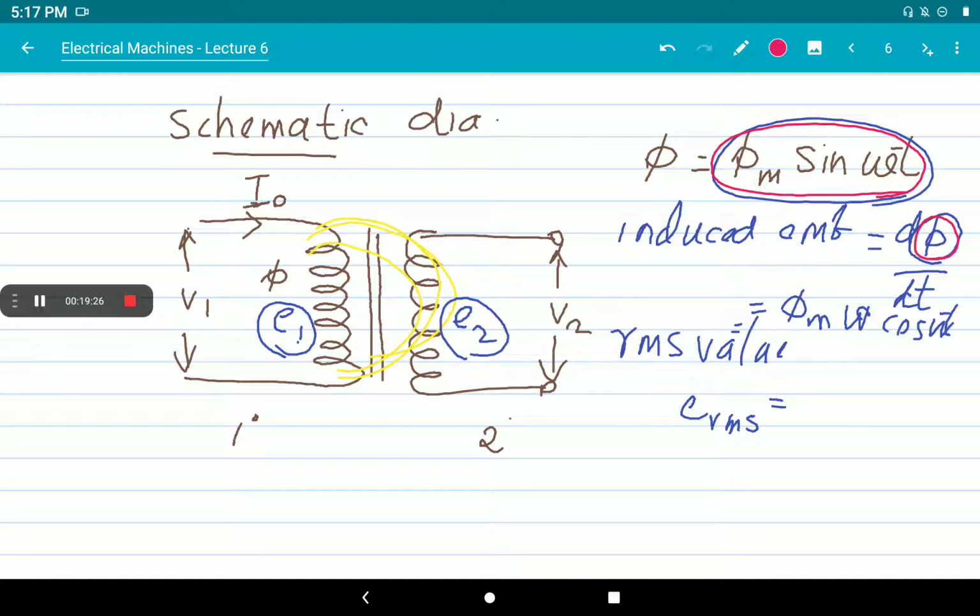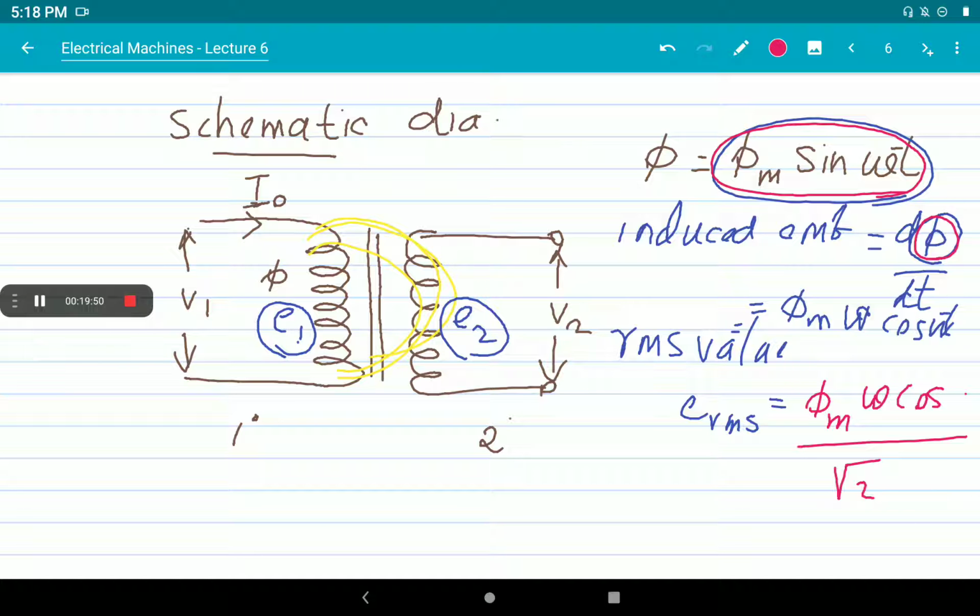So we can write the RMS value of the EMF equation as phi m omega cos omega t divided by root 2, which will give the RMS value.